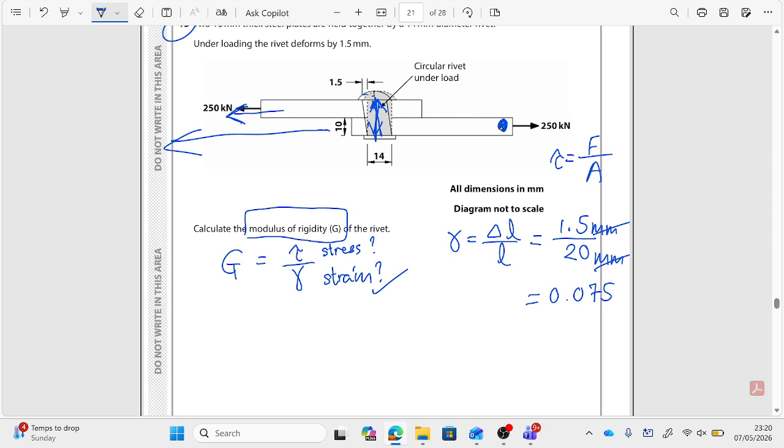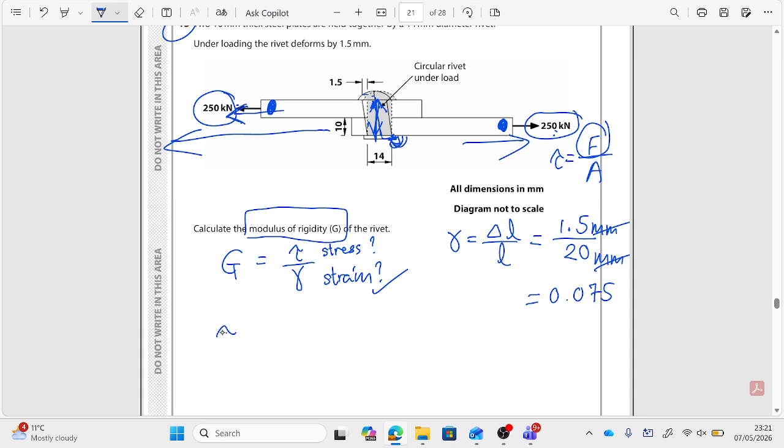So this force here is going to equal this because it's the reaction force. So when you deal with the force, you only really need to deal with 250 kilonewton, not 2 times 250 kilonewton. You could fix this part and then pull that side. What would happen is the delta L would have been on this side instead.